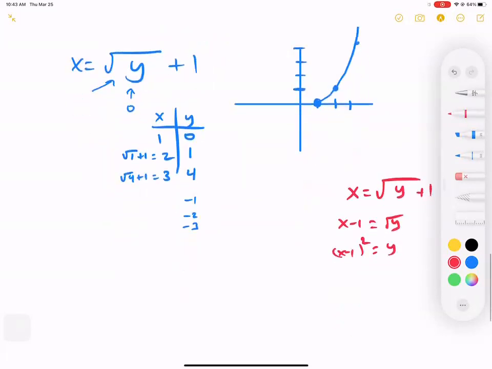And this is just a parabola with a vertex of (1, 0), shifted over to the right. But if we switch it over, we don't see that this graph doesn't exist on the left side. And that's our dilemma. This graph actually doesn't exist here for the problem that they gave us.